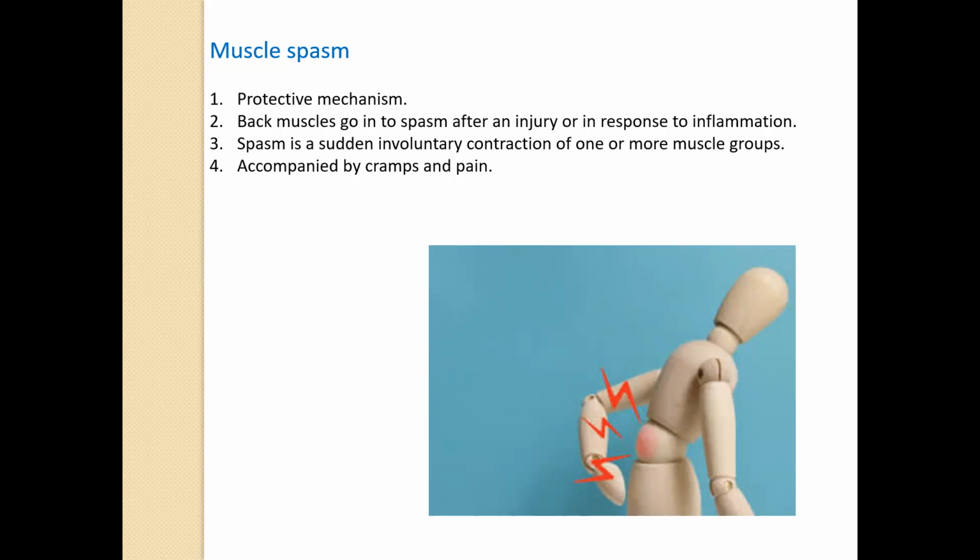You can avoid these things by warming up and stretching before working out and exercising, and strengthening the core muscles. By warming up and strengthening the muscles, you will minimize getting back muscle spasms.